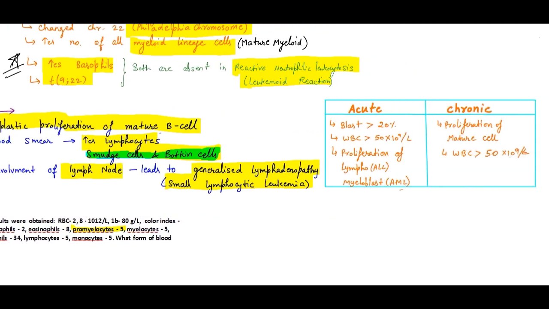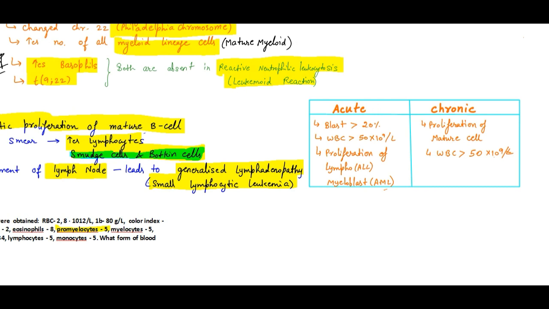So let's discuss acute versus chronic for quick revision. So remember, there are some tricks. If in the question you are given blast more than 20% or blast more than 30%, that is acute. And the WBC, remember, normal, is more than 50 into 10 to the power.